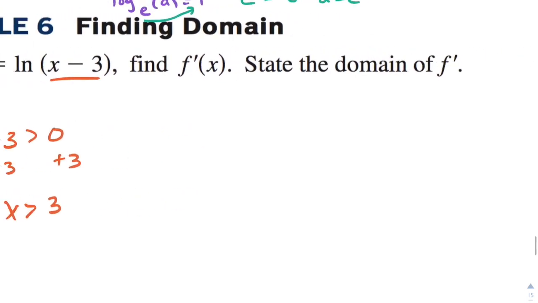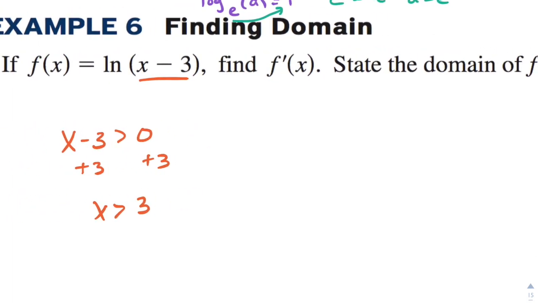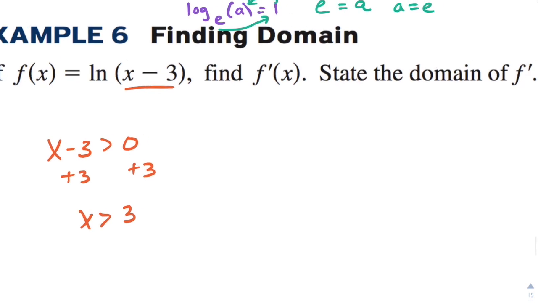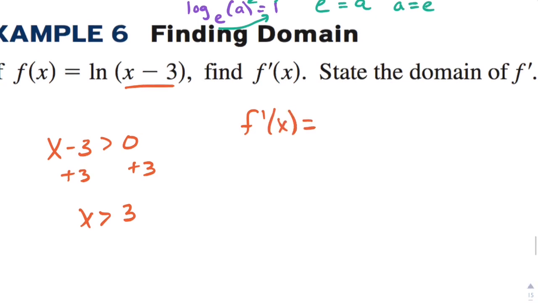State the domain of f prime. That's going to be the domain of f prime. If that's the domain for f, that also has to be the domain for f prime. So when I find the derivative, I'm going to say the derivative is equal to 1 over my function, times ln of my base e.